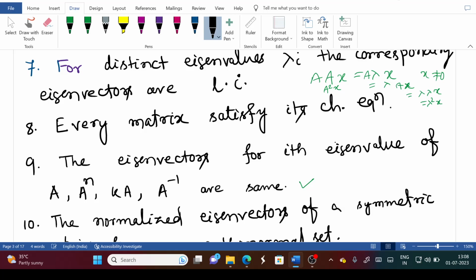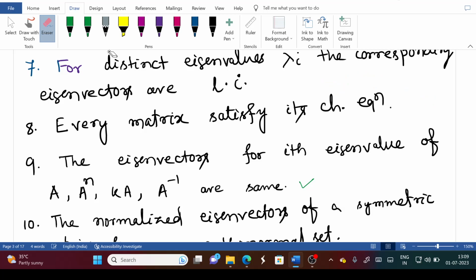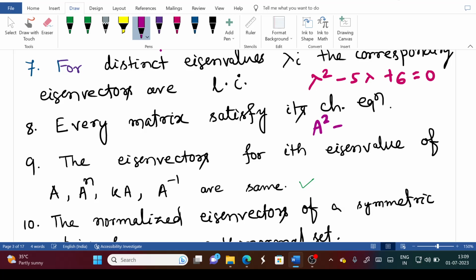Every matrix satisfies its characteristic equation. What is the meaning of it? Its meaning is, if I have a matrix with characteristic equation lambda square minus 5 lambda plus 6 is equal to 0, then corresponding to that characteristic equation, my matrix A square minus 5A plus 6I will always be 0.